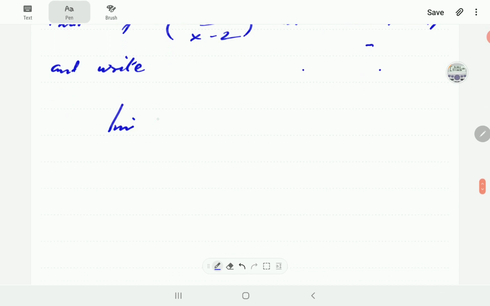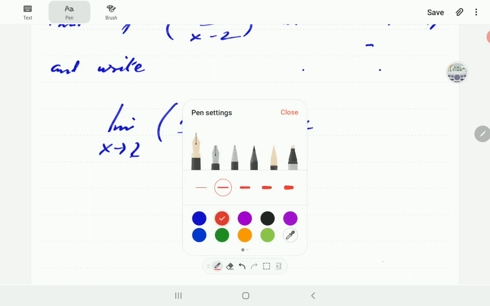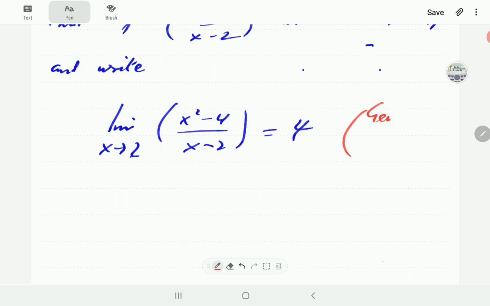So this time we write limit of x squared minus 4 over x minus 2 as x approaches 2 is equal to 4 without any plus or minus there. So when that happens, then this is the general limit. All right.